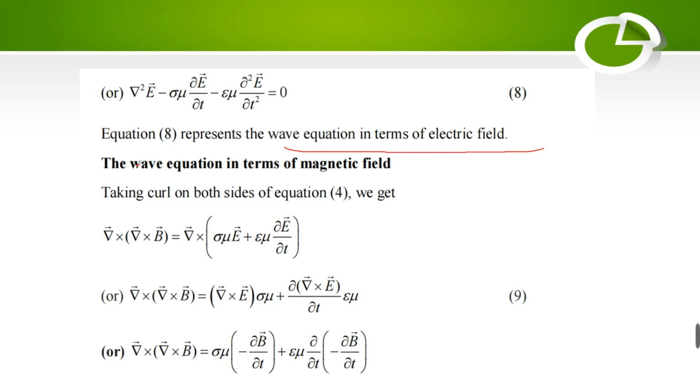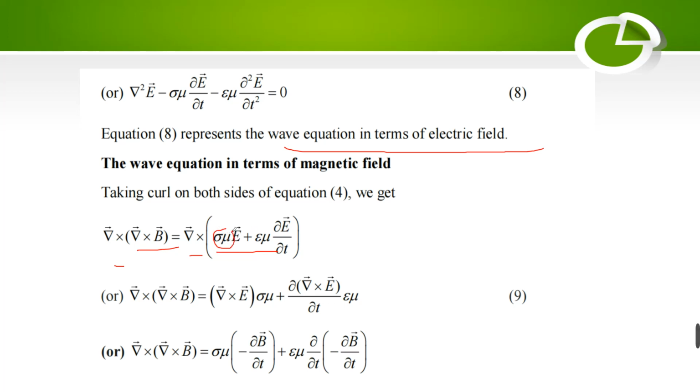Next, similarly, we are going to derive the wave equation in terms of magnetic field. So we have a fourth equation. What is our fourth equation? Del cross B vector is equal to sigma mu E vector plus epsilon mu dou E by dou T. So taking curl on both the sides, it becomes del vector cross of del vector cross B vector is equal to del cross E vector.